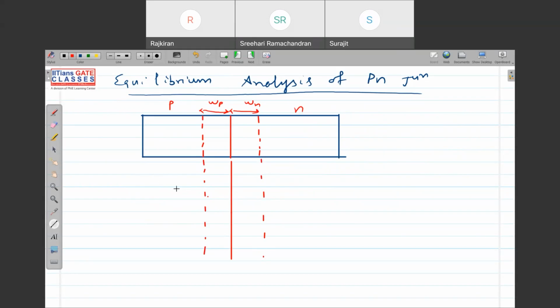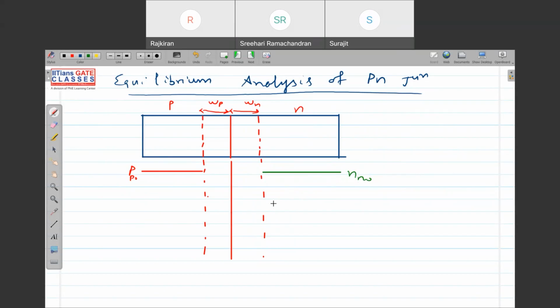In the P side, the hole concentration is very, very high. This is called PP0. Similarly, in the N side, the electron concentration is very high. This is called NN0.